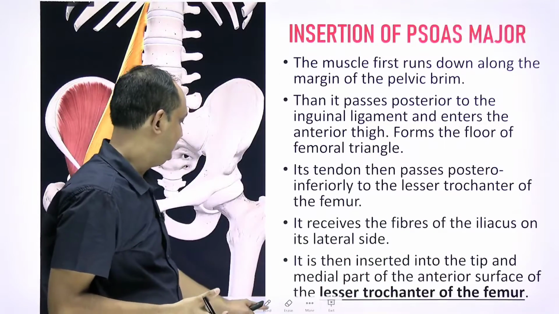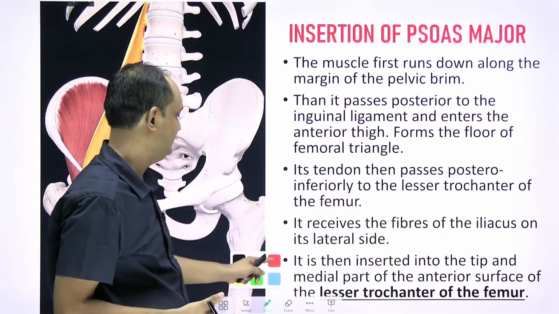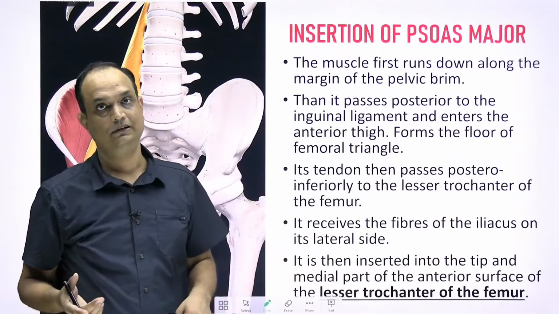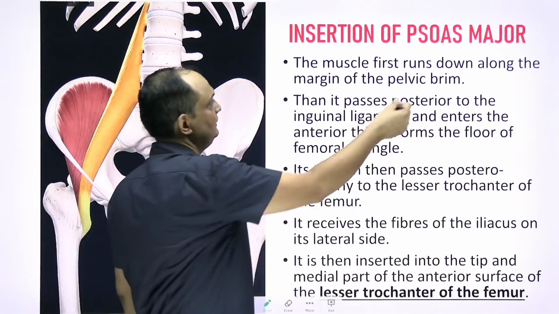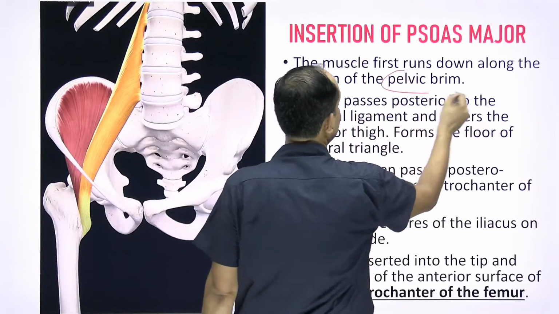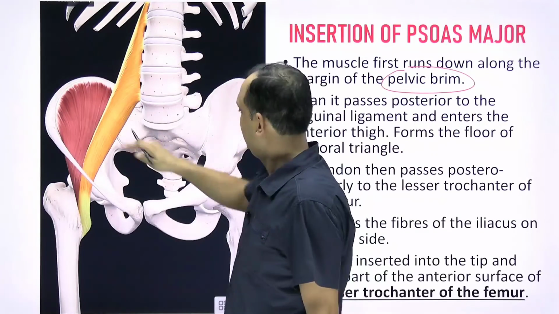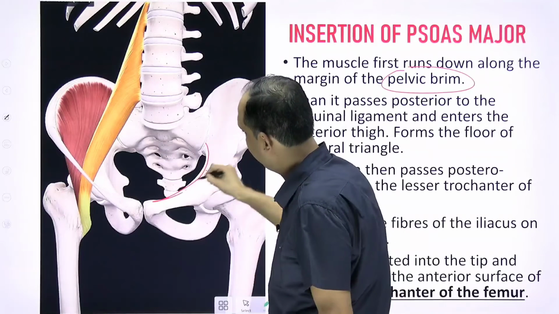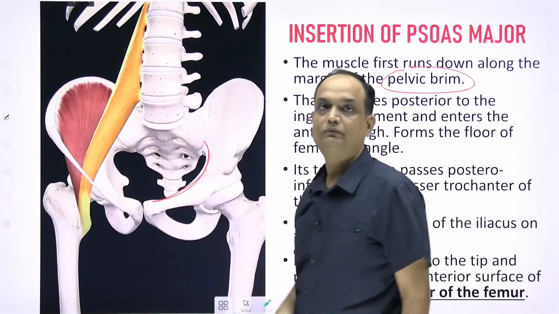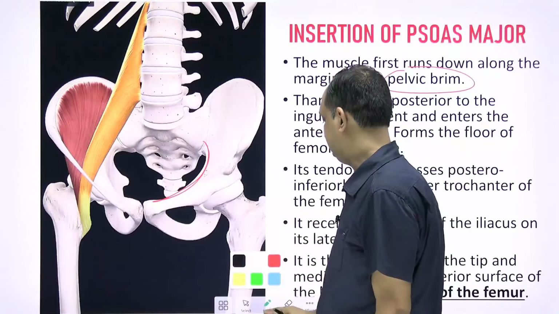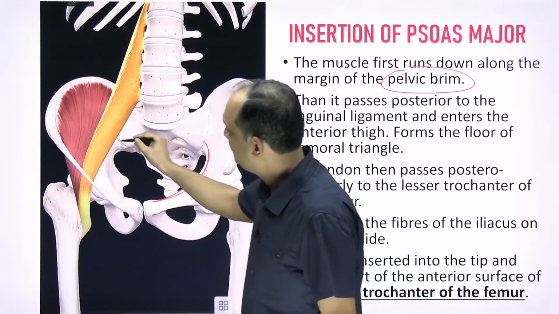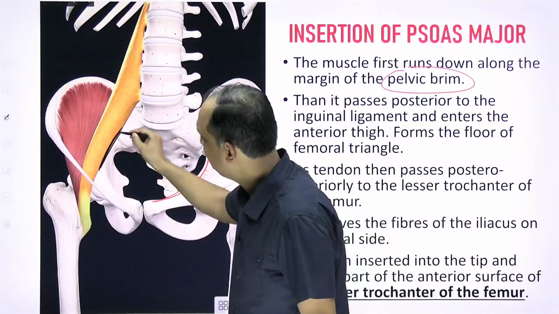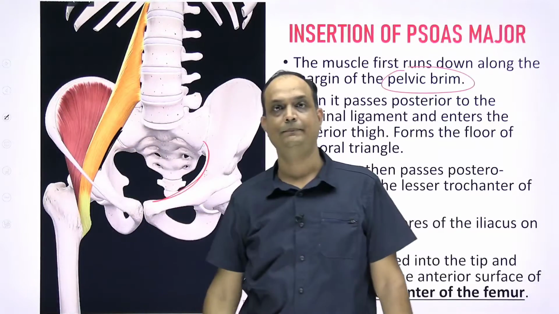So when you are writing the insertion, you have to understand the course of the muscle. First the muscle runs along the margin of the pelvic brim. When it goes downward, this is the pelvic brim which you can appreciate here, and this is the medial border of the hip bone. The muscle is present along the pelvic brim, overlapping the brim.